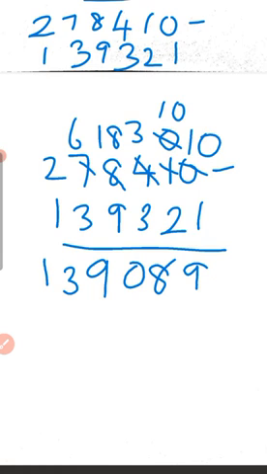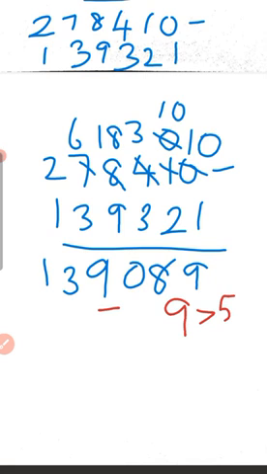Now we have to round this number. So check the digit at the thousands place. The thousands place is 9. 9 is greater than 5.